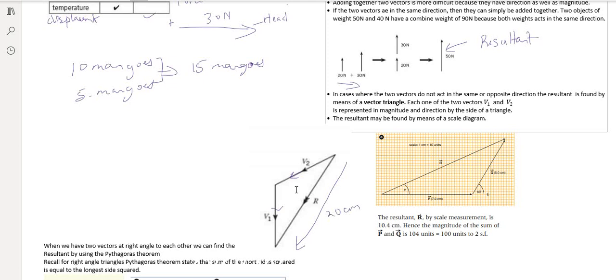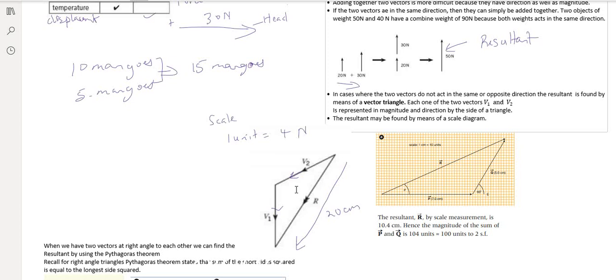Now, initially, you would have devised a scale to say that 1 unit is equal to, for argument's sake, let me just use a whole number, 4 newtons. So this is my scale.